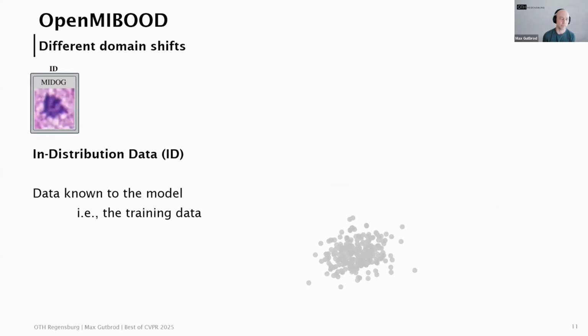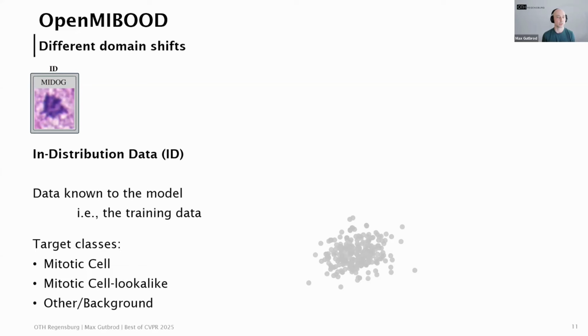But so to even be able to detect if something is out of distribution, we first need an in-distribution dataset and also an in-distribution classification model. And for our first medical imaging benchmark, we use the MIDOG dataset, which contains histopathological images.